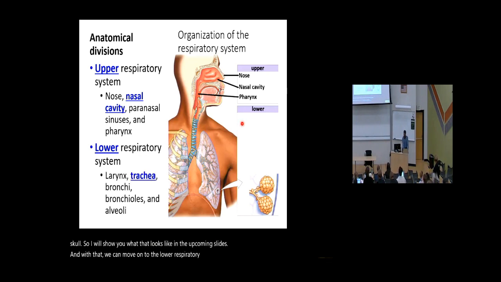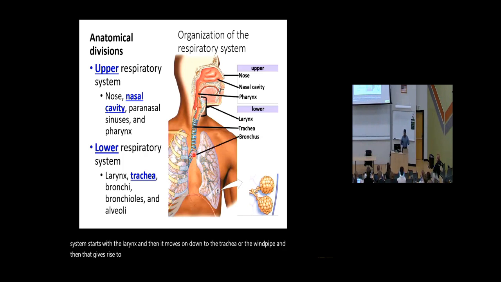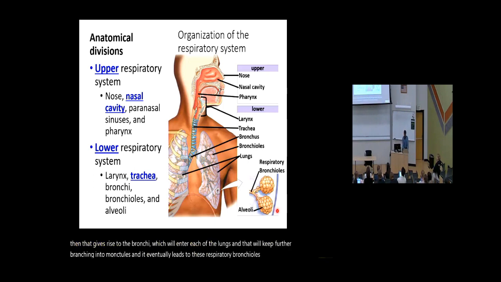Now the lower respiratory system starts with the larynx, and then it moves on down to the trachea or the windpipe, and then that gives rise to the bronchi, which will enter each of the lungs, and that will keep further branching into bronchioles, and it eventually leads to the respiratory bronchioles, which give rise to the alveoli.